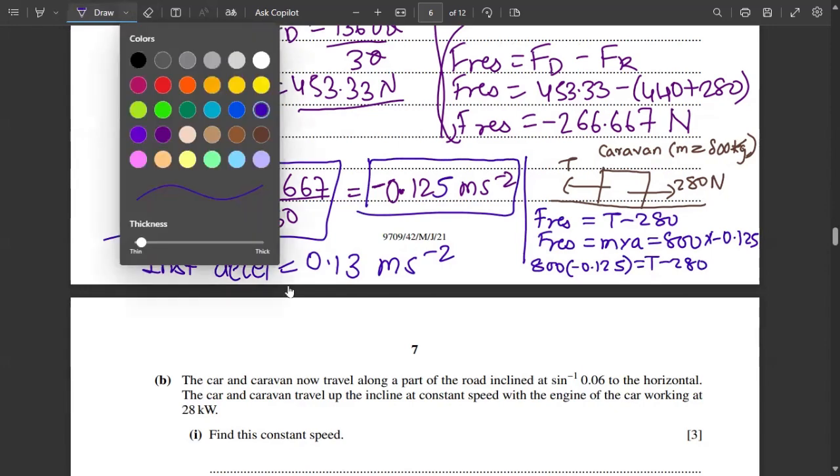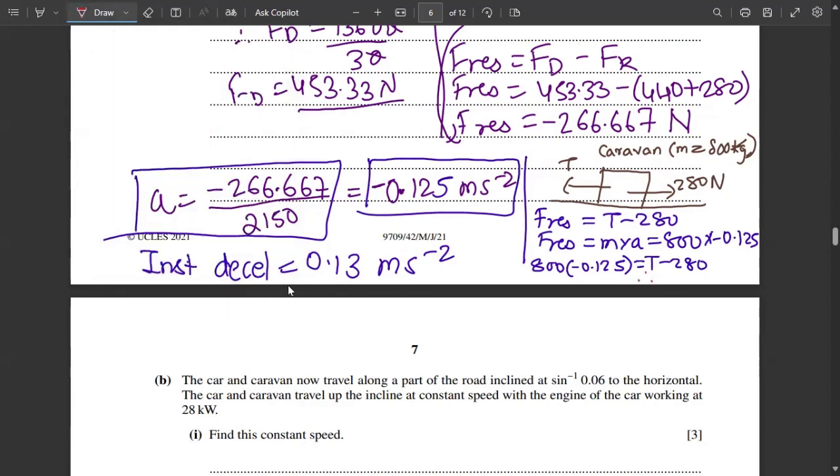So hence, finally, we can find T. And the answer for T will be, this 280 will go there, it will become plus 280. And if I put that in the calculator, 280 plus 800 bracket minus 0.125, the answer for T is 180 Newton.